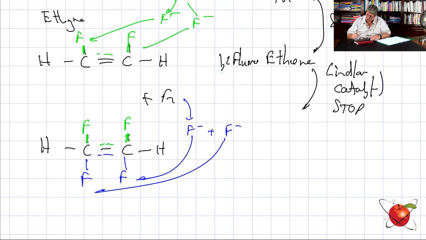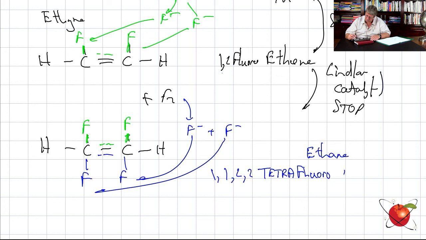So this has now gone to, well, this is now an ethane, isn't it? And it's what? Sides. We've got on 1 and 2. So we've got 1, 1, 2, 2, tetrafluoroethane.